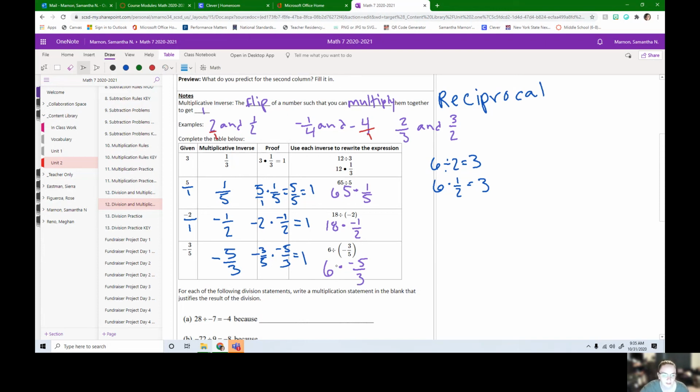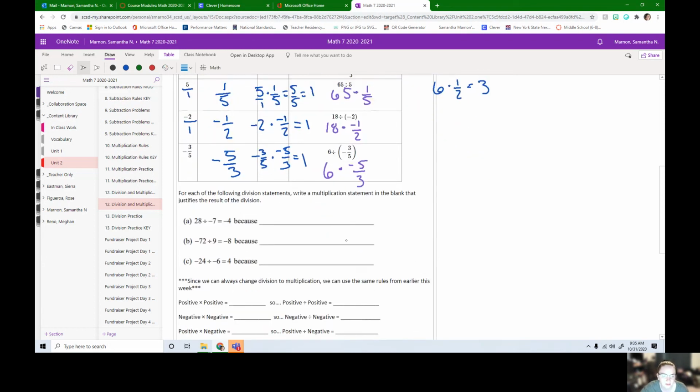So now that we can see that we can change division to multiplication, we can actually use it for these statements. So we have 28 divided by -7 is -4, because we can actually change this to 28 times -1/7. So I did that keep, change, flip that you guys did in 5th and 6th grade with fractions.